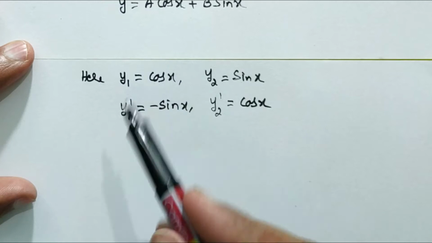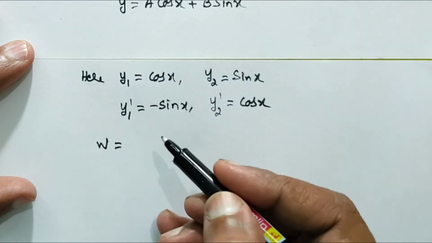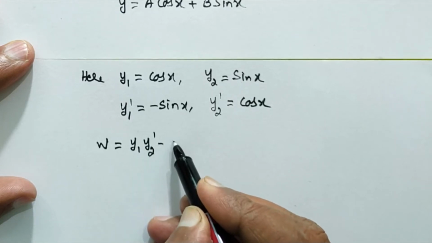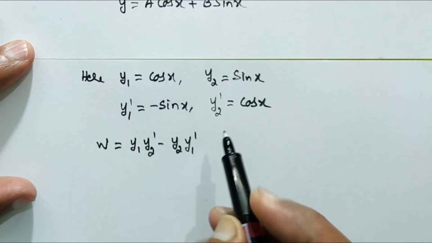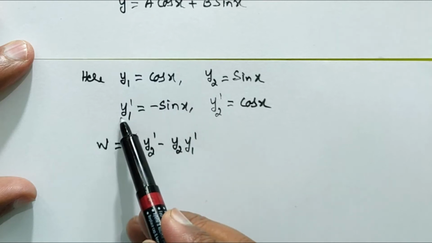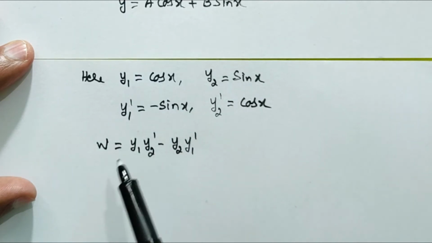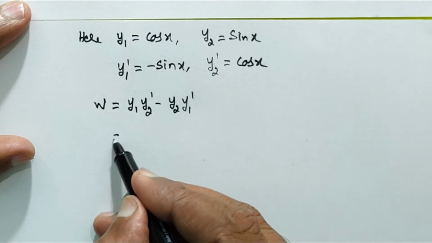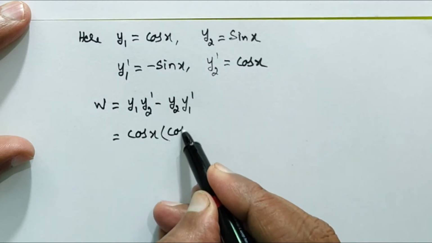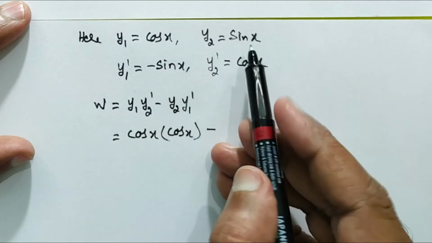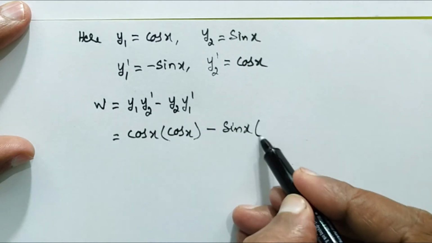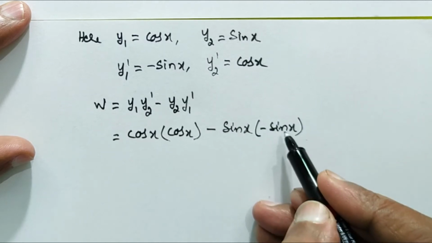To find the value of A, we should know the Wronskian, W. The formula for W is y1 y2 dash minus y2 y1 dash. It's just a cross multiplication. So W is y1, which is cos of x, into y2 dash, which is cos of x, minus y2, which is sin of x, into minus sin of x.